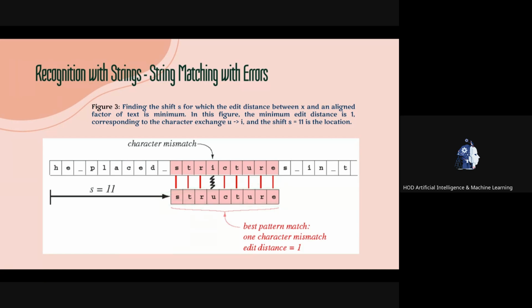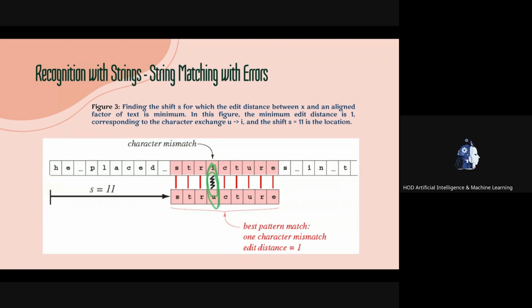Once you make the shifts, you find the maximum number of character matches at the 11th shift. You are able to match 1, 2, 3, 4, 5, 6, 7, 8 out of 9 characters, with only one mismatch.